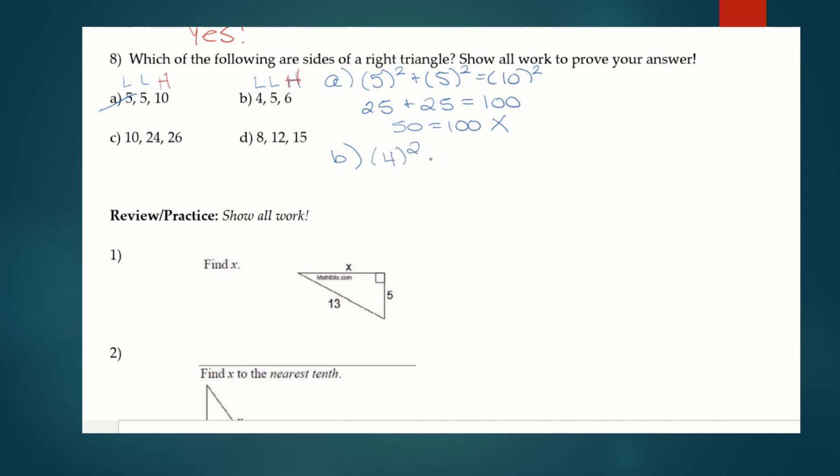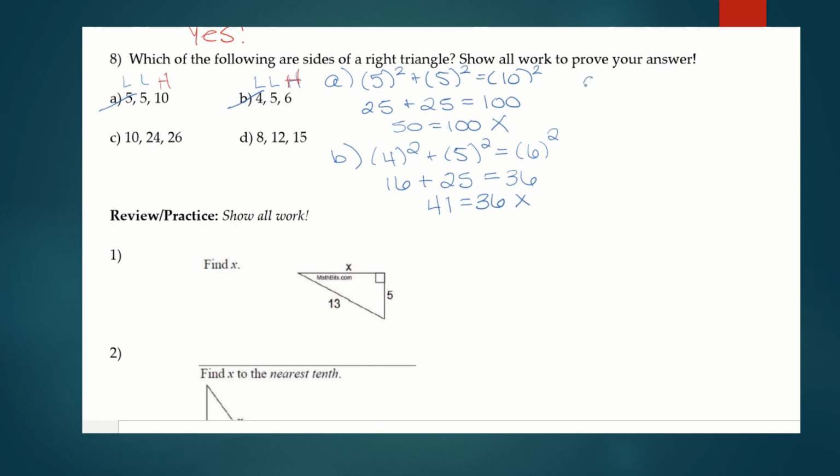So plugging in the legs, 4 squared plus 5 squared equals the hypotenuse, which is 6 squared. 4 squared is 4 times 4, which is 16, plus 5 squared, 5 times 5, which is 25, equals 6 squared. 6 times 6 is 36. Adding together 16 and 25, I get 41, which is not equal to 36. So B is out as well. Those 3 side lengths do not create a right triangle.